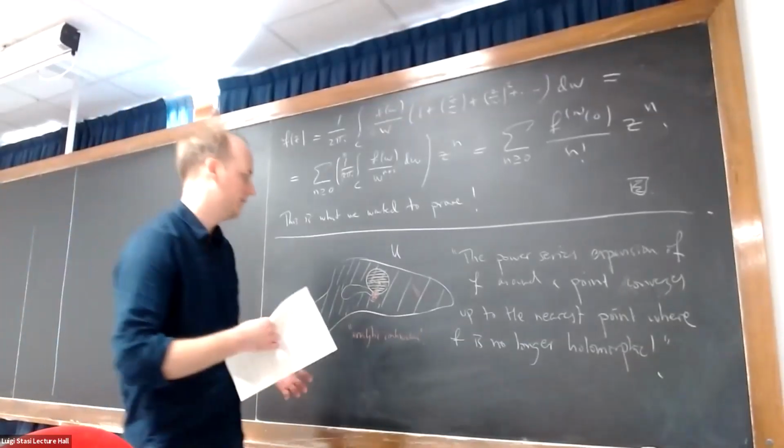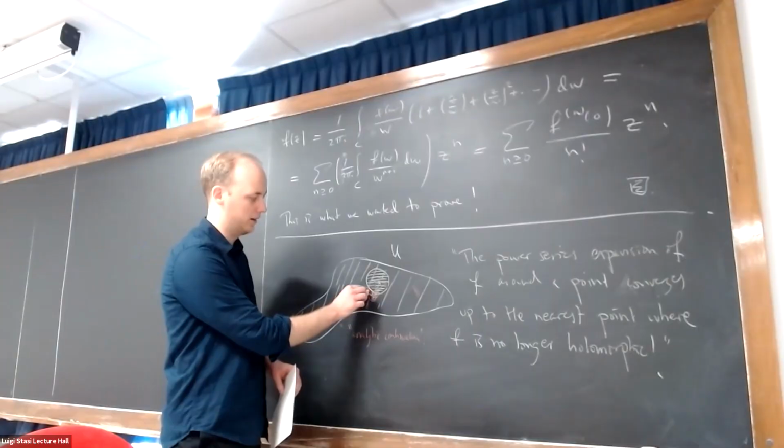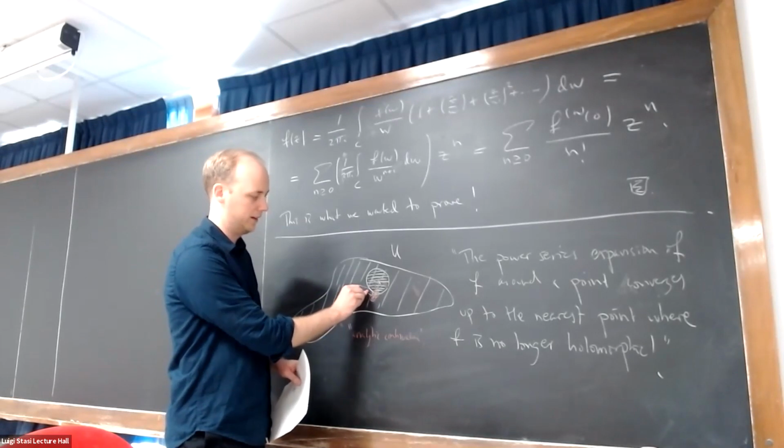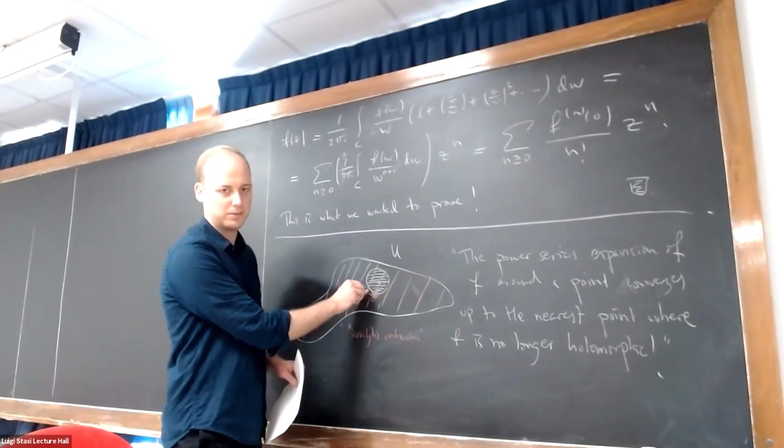No, I mean the disk couldn't contain anything out here. If we assume maybe the function is not defined there, but it's analytic. Yeah, so if this was a removable singularity inside here, then it could be bigger. Perhaps what I'm asking is this: if it was a rectangle of convergence or something like that, we could get a bigger domain.